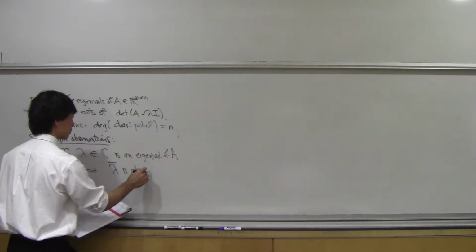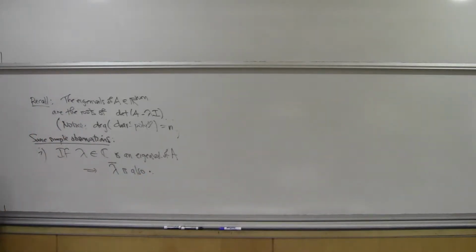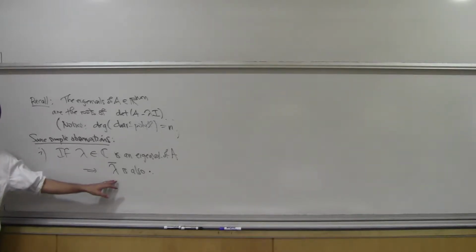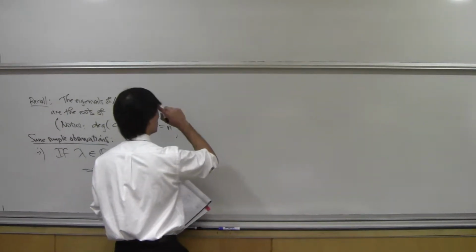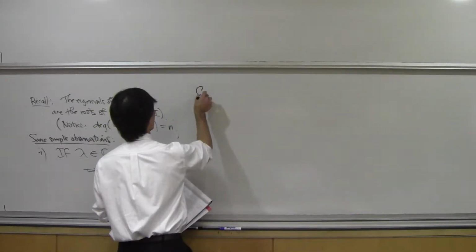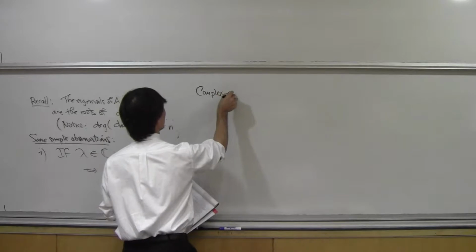Now, I don't think we defined what lambda bar is. Did we mention it? No, okay, sorry, we did in the other class. It's something called the complex conjugate.